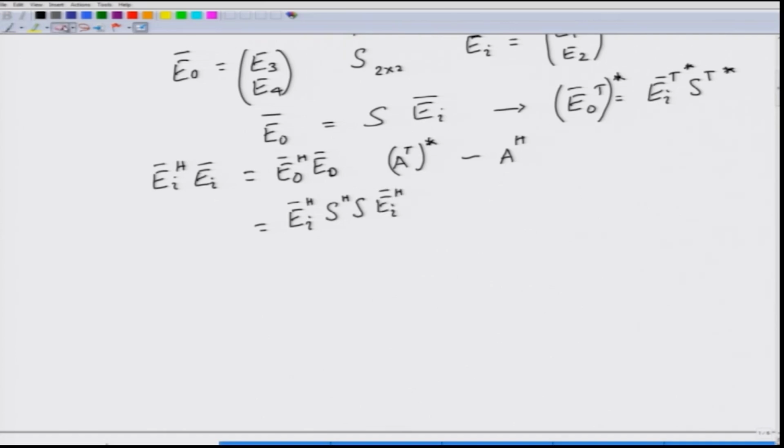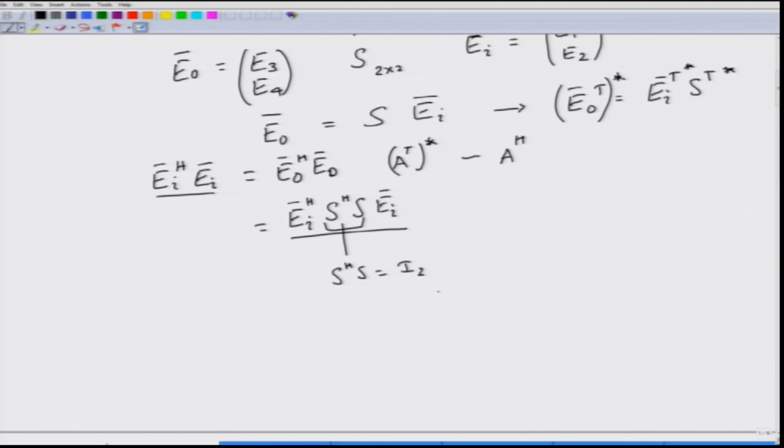So, clearly if I want to equate the left hand side to the right hand side, this term, which is S Hermitian S or S dagger S, must be equal to an identity matrix. Since each of these is a 2 cross 2 matrix, the transpose and the conjugate will also give you a 2 cross 2 matrix. Multiplying that with another 2 cross 2 matrix will give you an identity, which is a 2 cross 2 identity matrix.